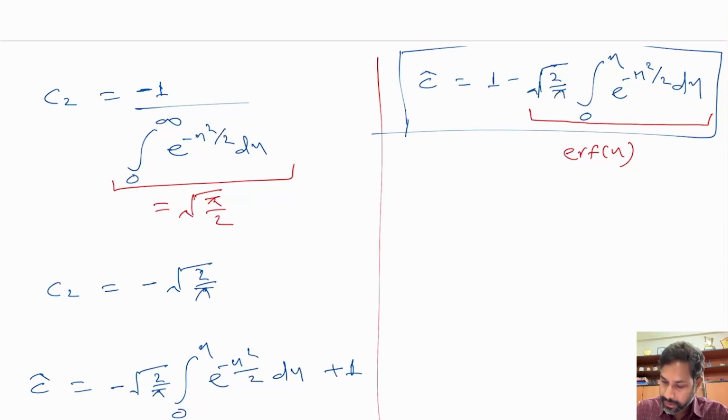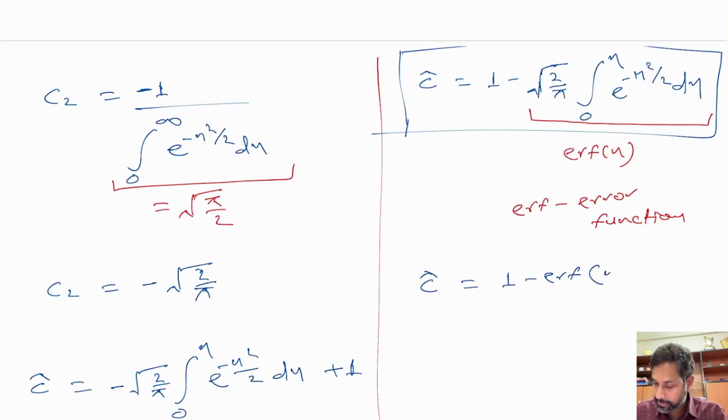The name sounds funny, but it is a well-defined function. It has a particular value for a given value of eta, and that is why this C hat is written as 1 minus ERF of eta.